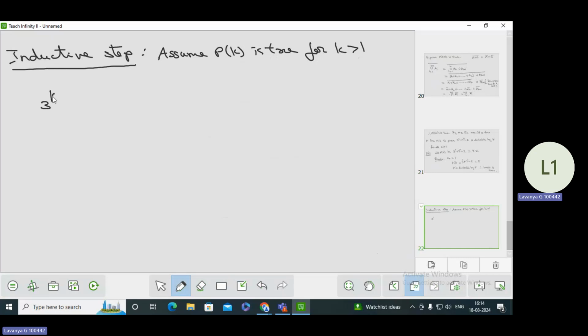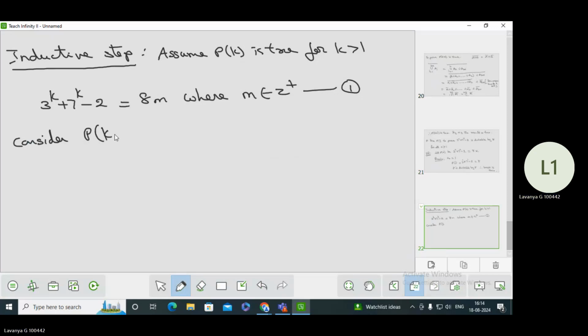So I have 3 power k plus 7 power k minus 2 is equal to some 8 into m, where m is a positive integer. Let me take this as my equation number 1. Now I have to prove P of k plus 1 is true. So consider P of k plus 1.